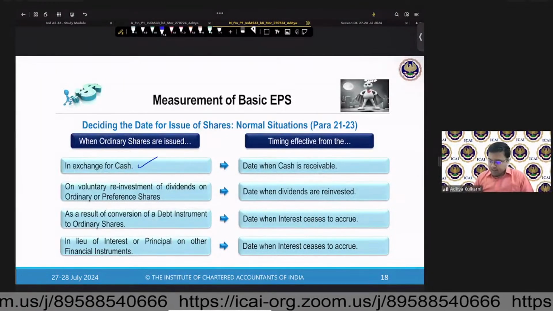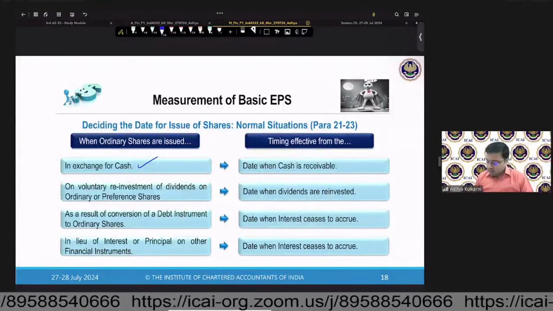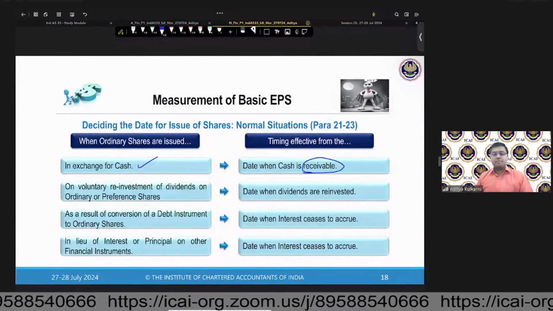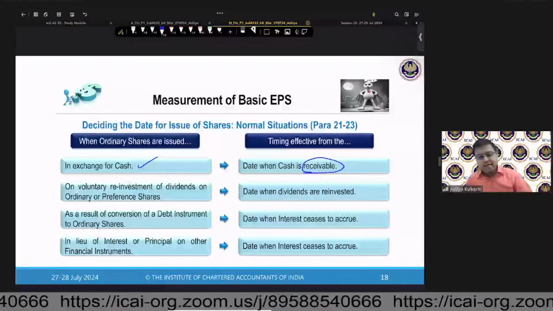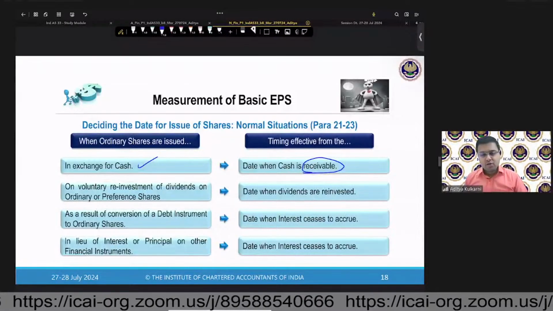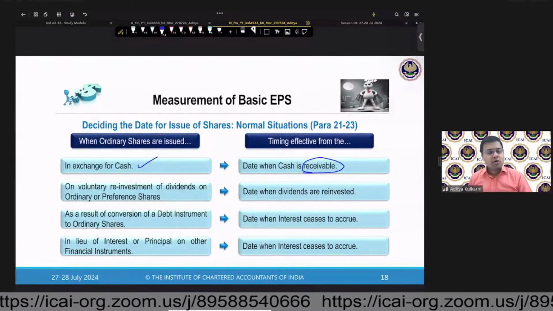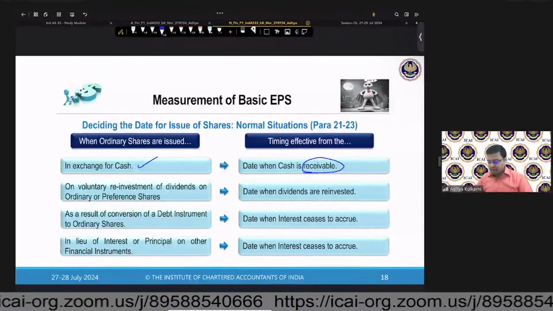So when it is in exchange for cash, timing will be considered from the date the cash is receivable. It's not talking about receipt of cash. It is saying when did the cash become receivable? From that day onwards, you are going to consider the date for the purposes of weighted average number of equity shares.